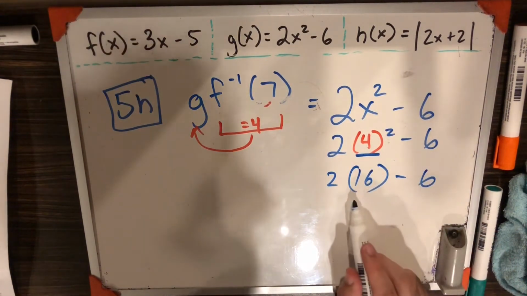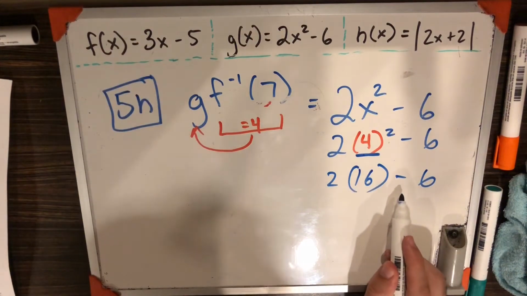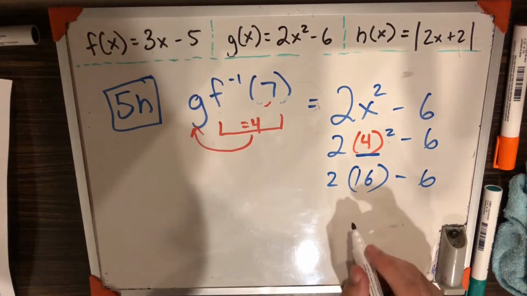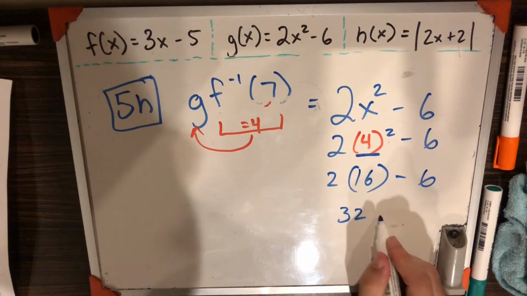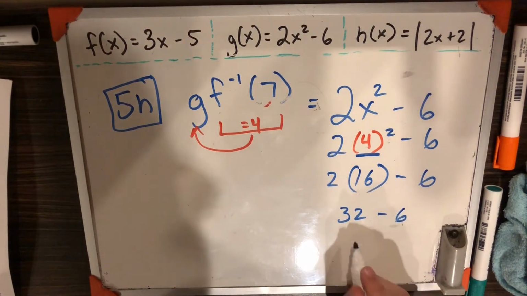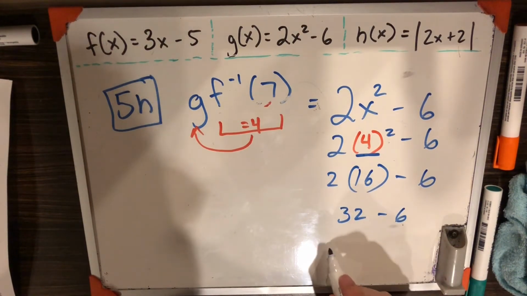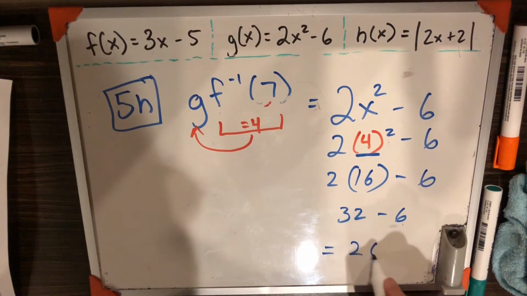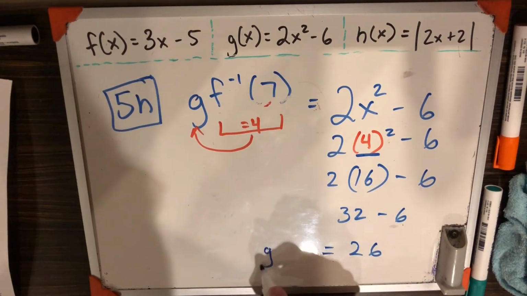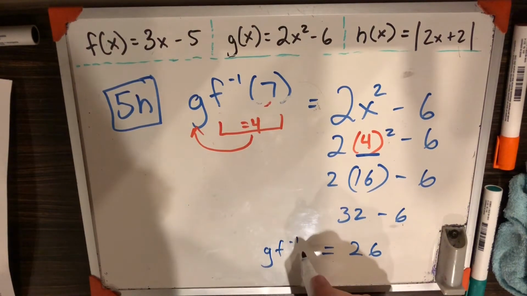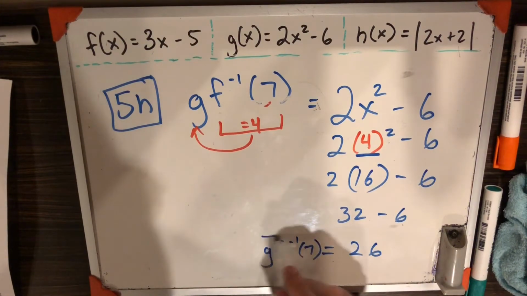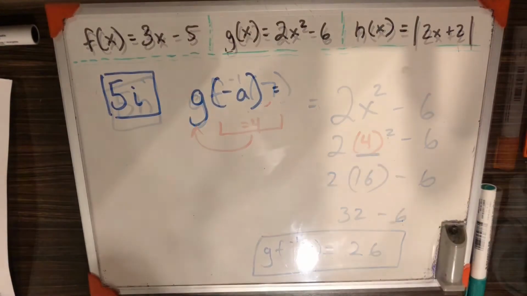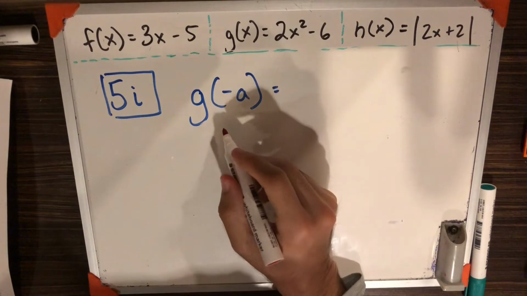Well, which one do we do first, multiplication or subtraction? Multiplication comes first. So 32 minus 6. And what is 32 minus 6? 32 minus 6 is just 26, right? So g of f inverse of 7 is 26.